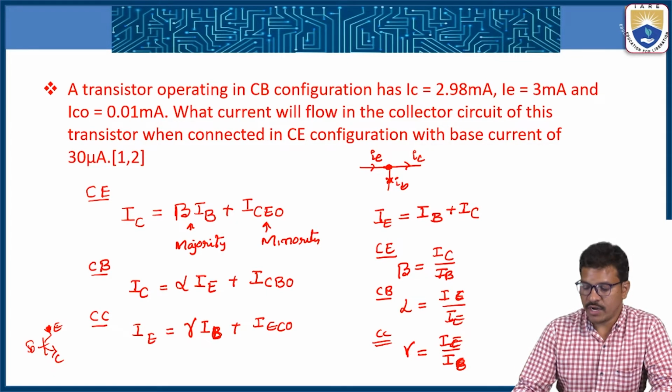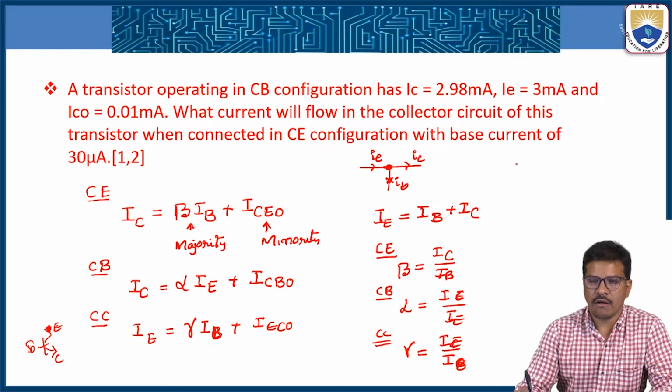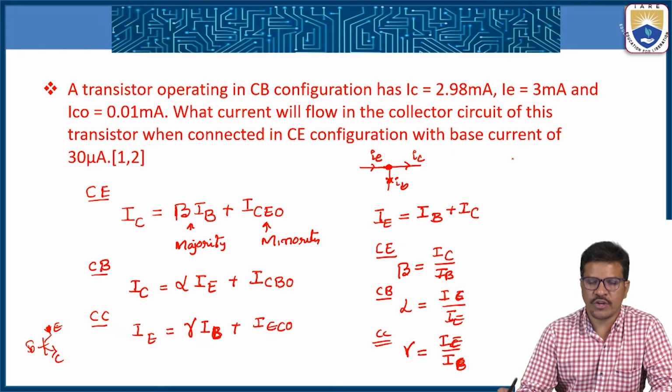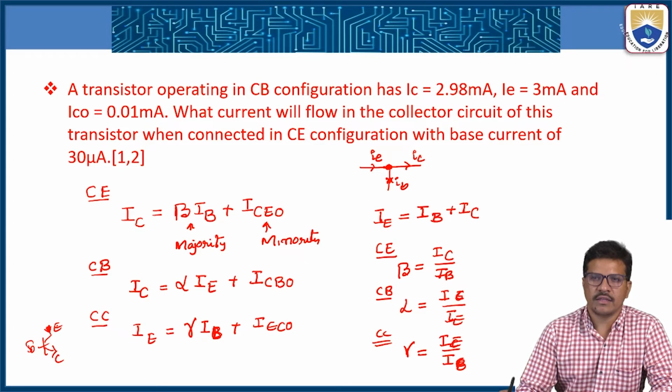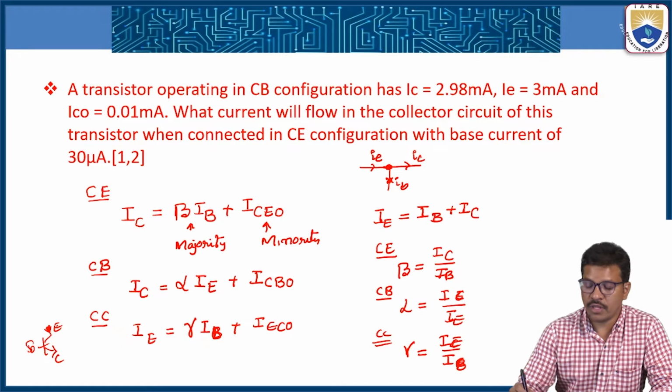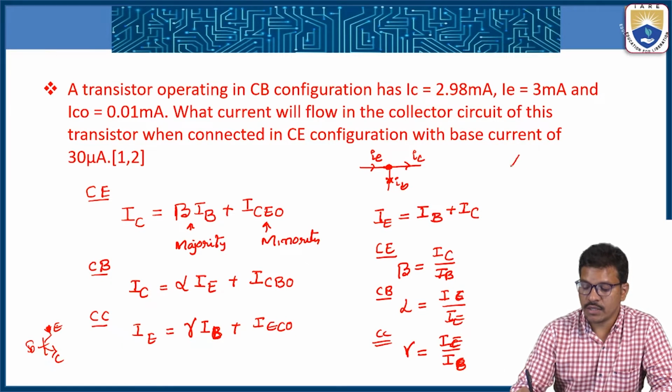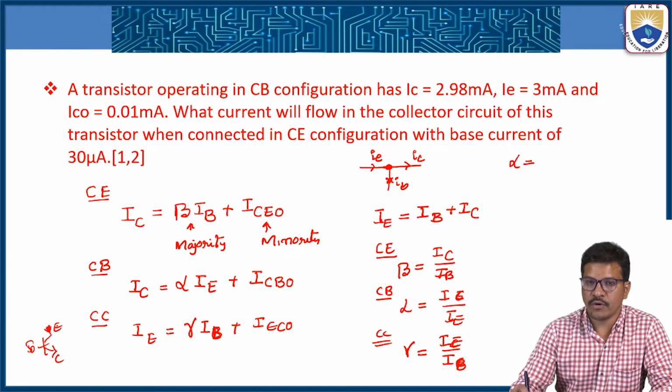There are also relationships between alpha, beta, and gamma, which will be helpful for some problems. Some problems give alpha and ask you to find beta, or give emitter and base currents, or give beta and ask for alpha. Alpha is equal to beta by 1 plus beta.